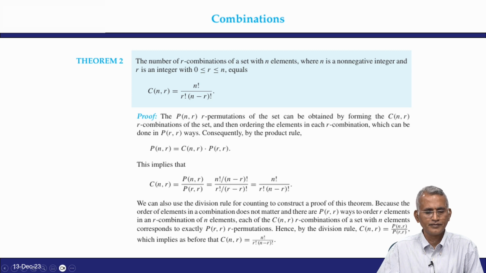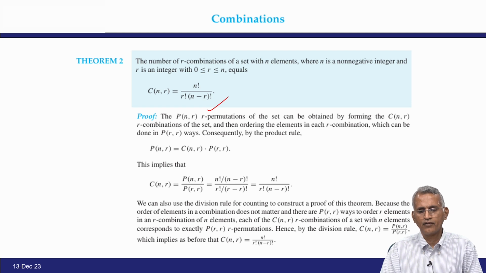The proof is: nPr, the r-permutations of a set, can be obtained by forming the nCr combinations of the set, then ordering the elements in each r-combination, which can be done in rPr ways.